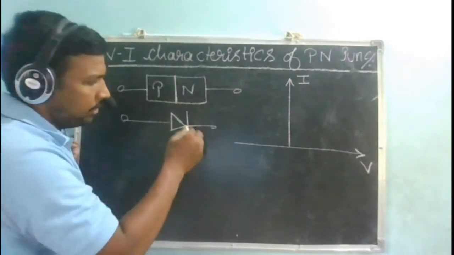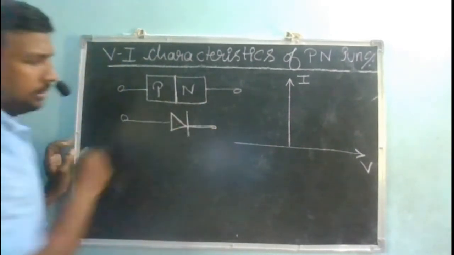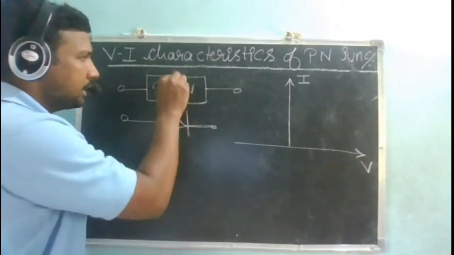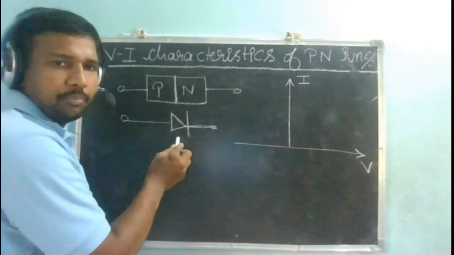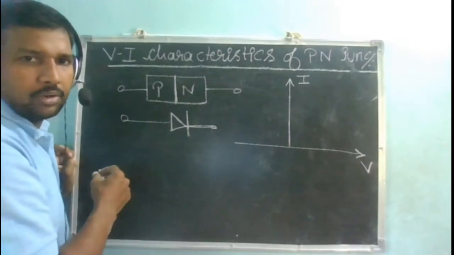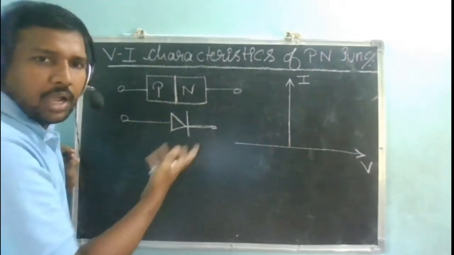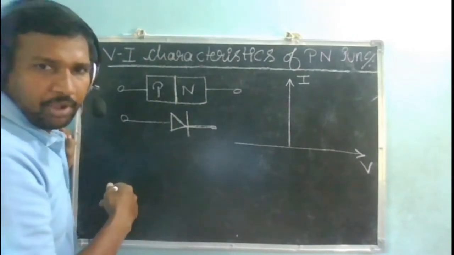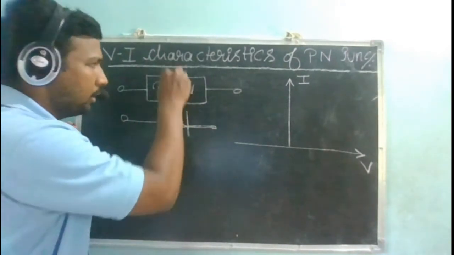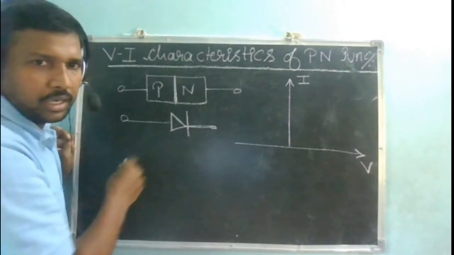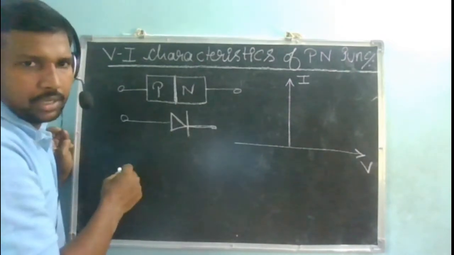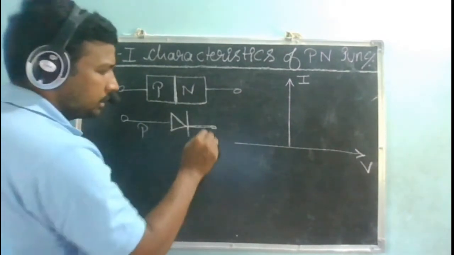A PN junction I will also call a PN diode, made out of p-type semiconductor and n-type semiconductor using a fabrication process in order to form this PN junction. This is the p side and this is the n side.